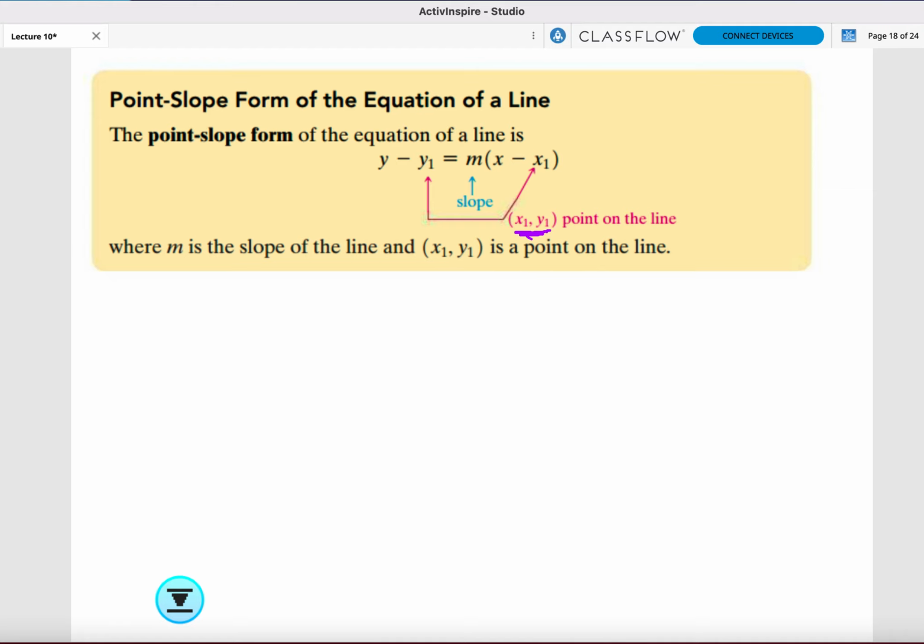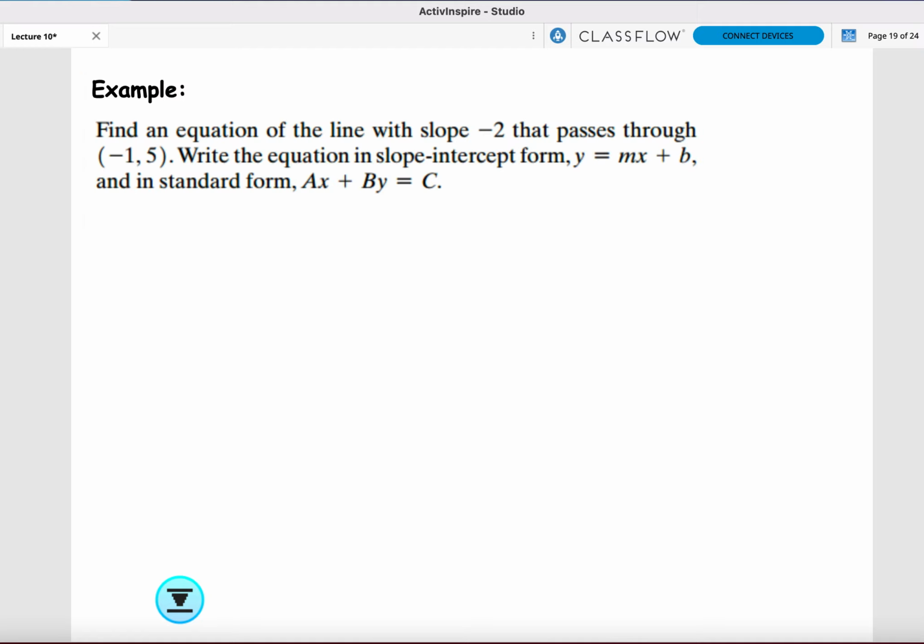It just requires a lot of algebra skills, which we have been developing. So we're going to go ahead and use them all together today. Okay. So find an equation of the line with slope -2 that passes through (-1, 5). Write the equation in slope-intercept form, y equals mx plus b, and in standard form, ax plus by equals c.